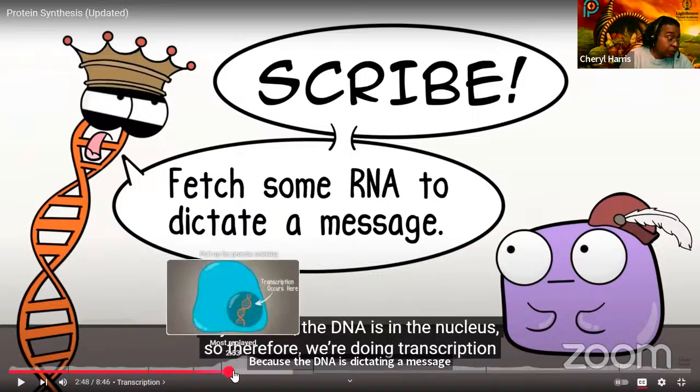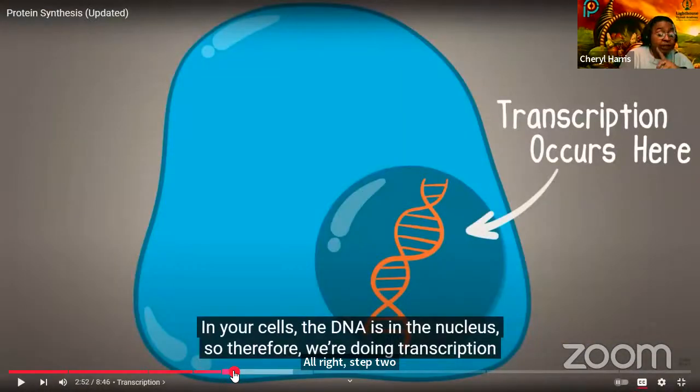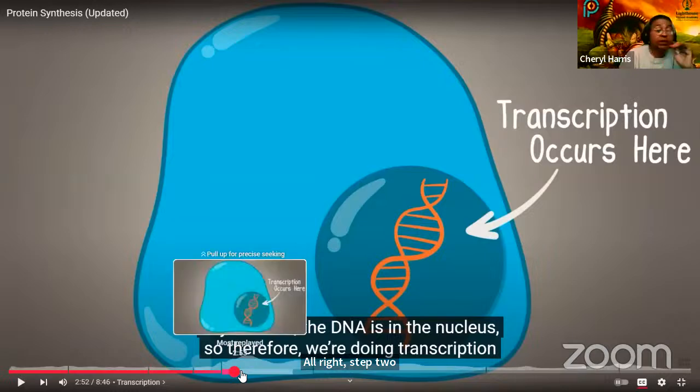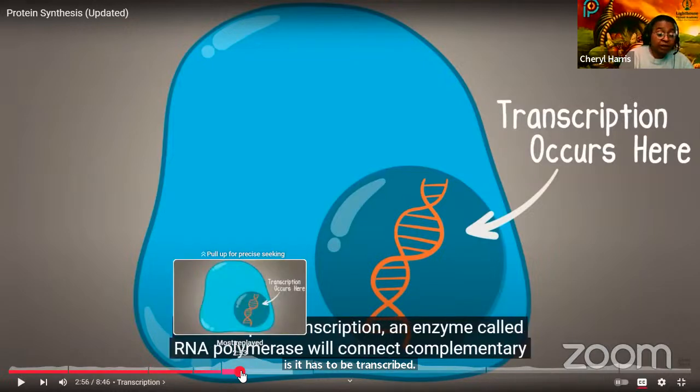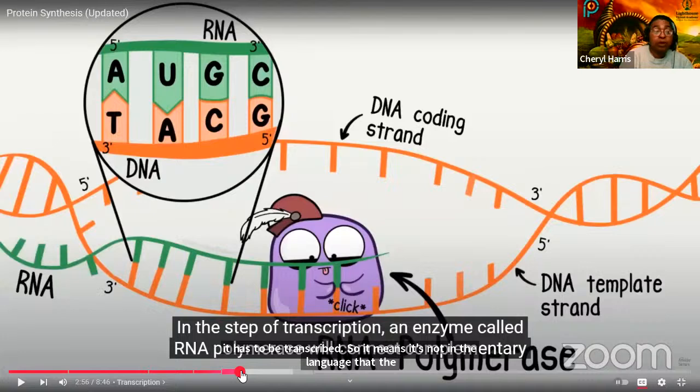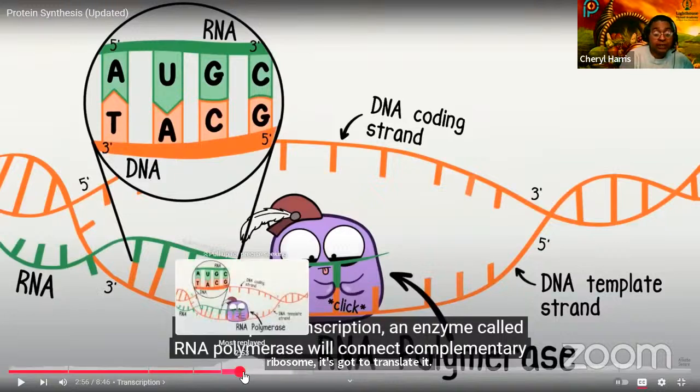All right, so that's step one. Step two is it has to be transcribed. It's not in a language that the RNA can tell the ribosome. So when it gets to the ribosome, it's got to translate it. Okay? And it's going to translate it.